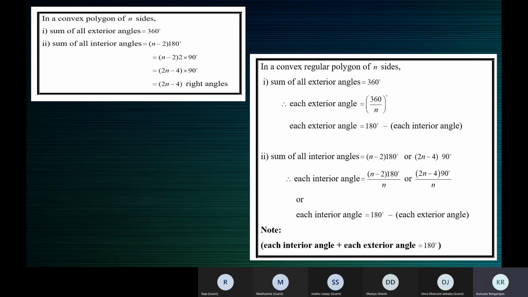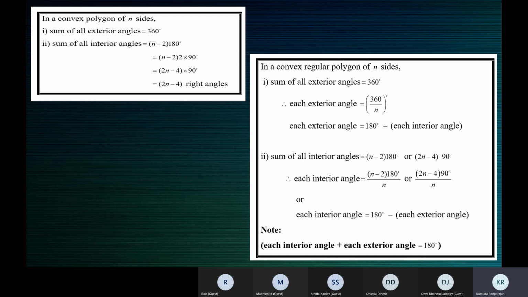So as the number of sides of the polygon increases, the number of interior angles also will increase. Triangle has 3 sides, 3 interior angles, 3 exterior angles. Quadrilateral, 4 sides, 4 interior angles, 4 exterior angles. Pentagon, 5 sides, 5 interior angles, 5 exterior angles.